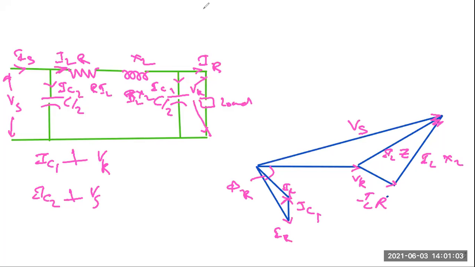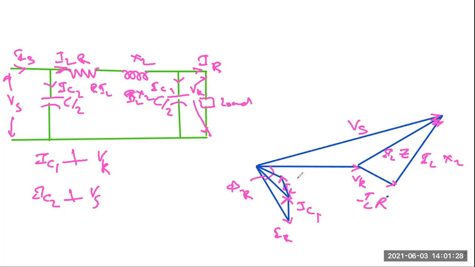Now I'll take this one. So VS is this one, so perpendicular with this, let us say this will be a perpendicular line. And if we join these two, what will we get? IS. Correct.